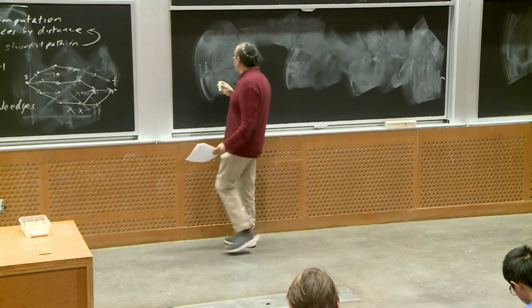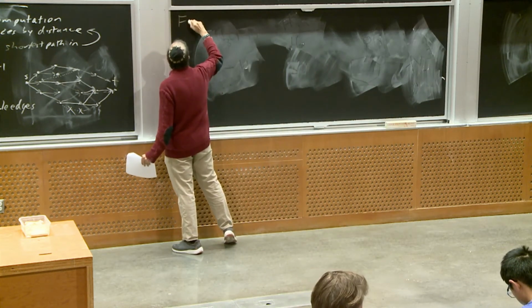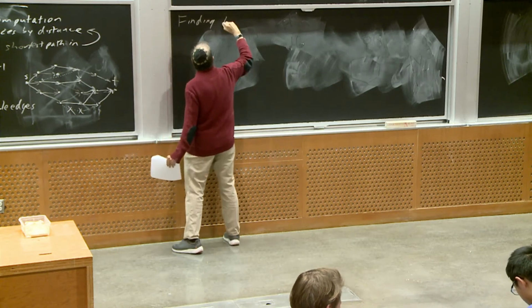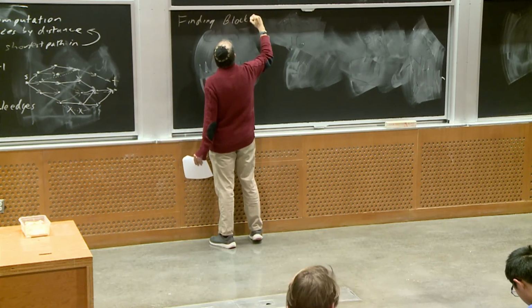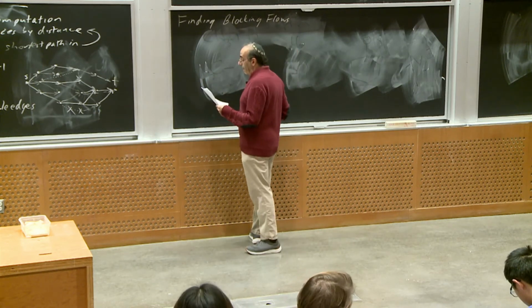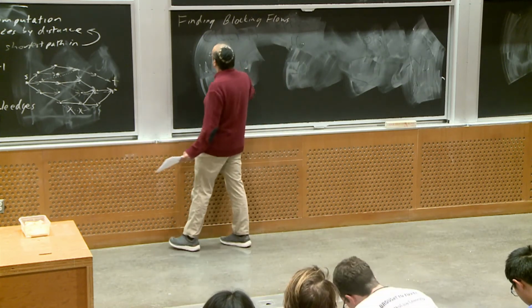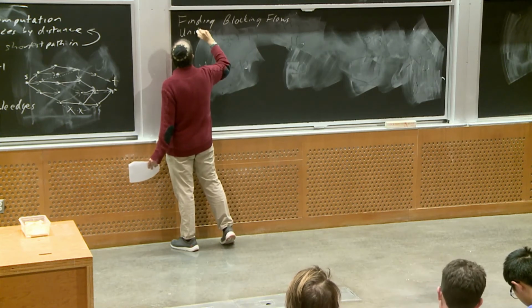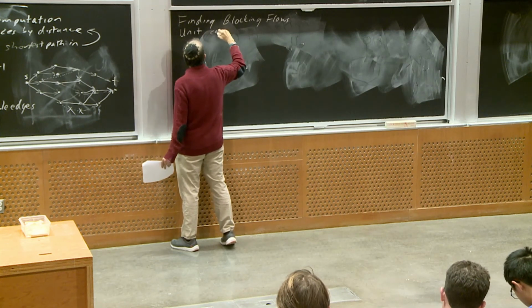All right, so we have this task of finding blocking flows. And as with MaxFlow, we are going to start building our ideas by looking at unit capacity graphs.